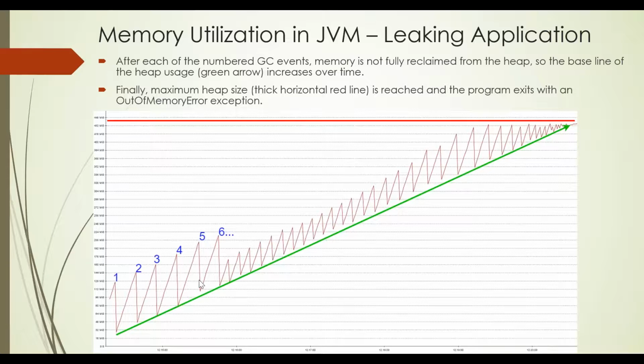But you can see that there is one main difference: the number of bytes the GC is collecting is getting smaller every GC cycle.